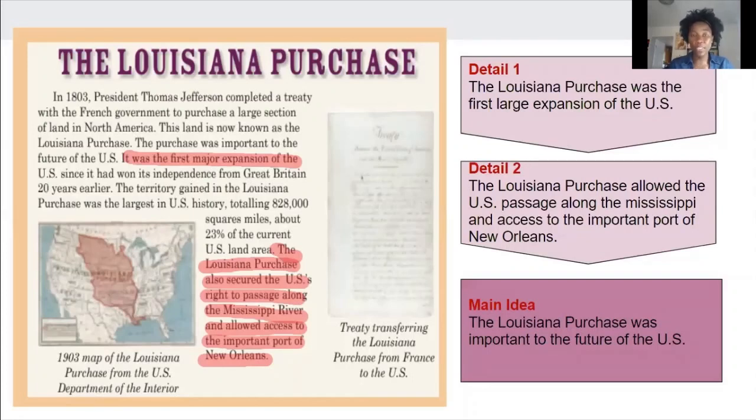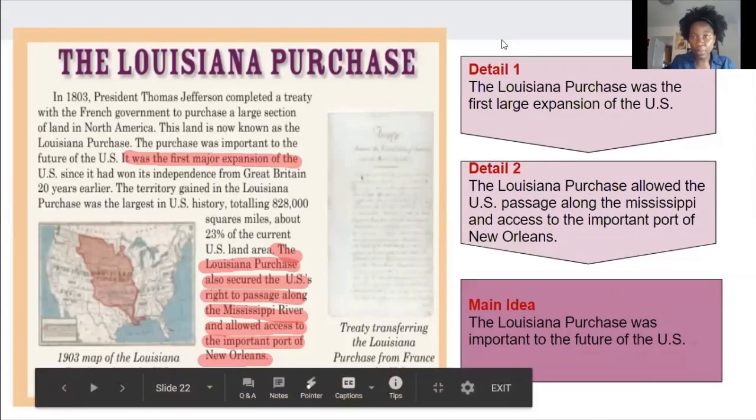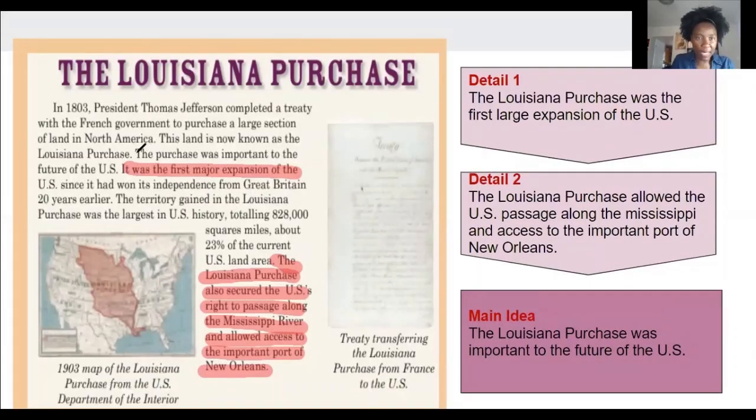It was important to the future of the United States, and we could have already identified the main idea within the first part of the passage. The purchase was important to the future of the United States.